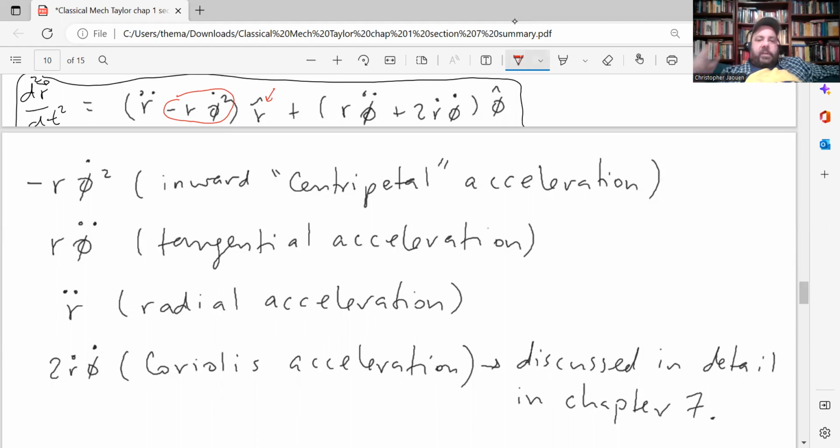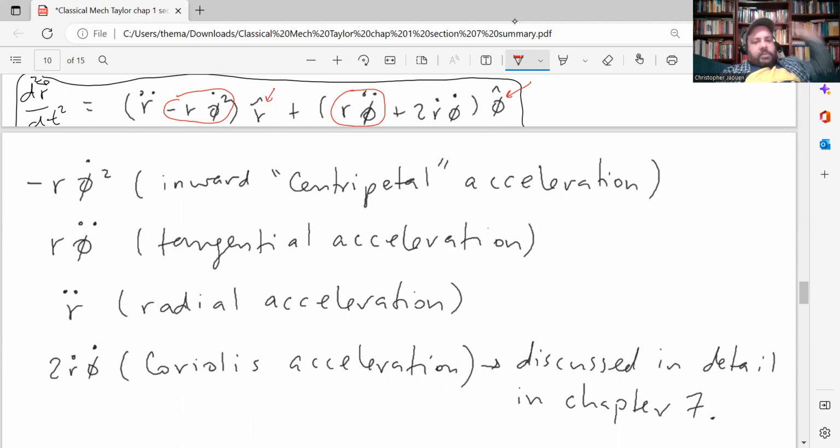So if you're moving in a curved path, you have some component accelerating you towards the center of the circle with that curvature. Then the next part, r phi double dot, which is this part here, is in the tangential direction. That's the tangential acceleration.